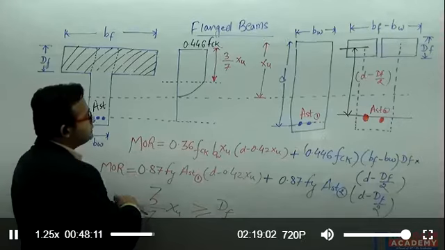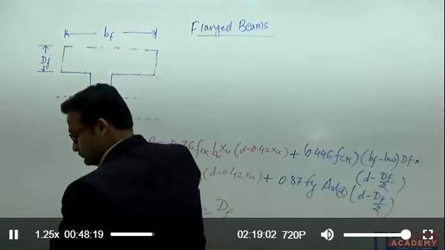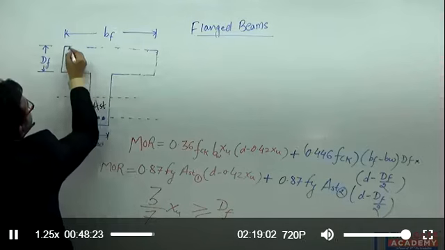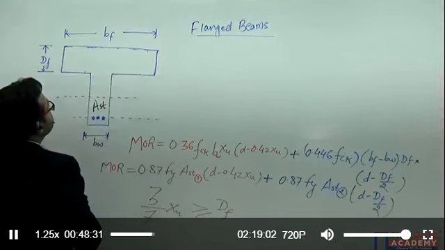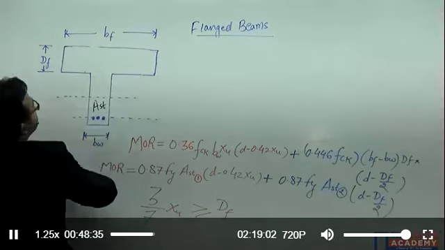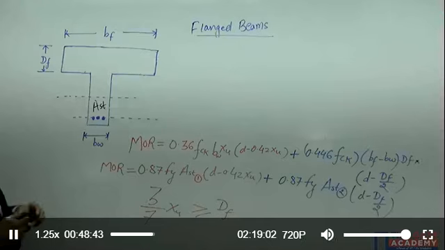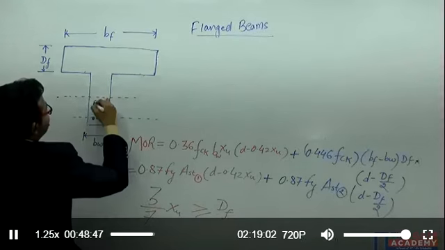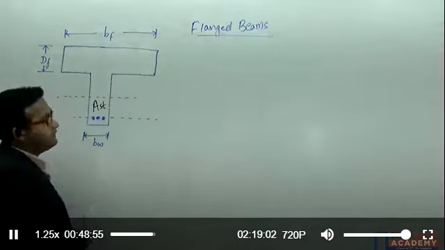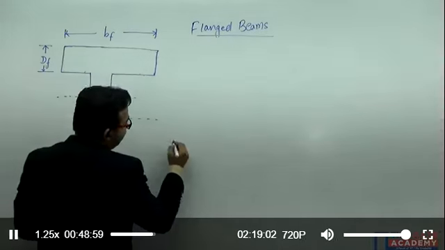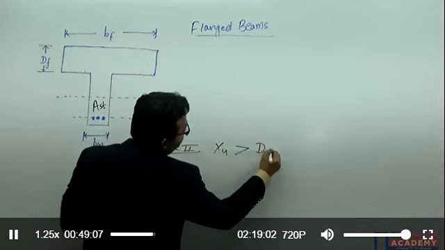Now, suppose, let's see, in the second case, case number 2, your depth of neutral axis is greater than the depth of flange.